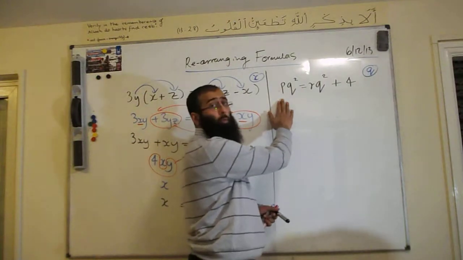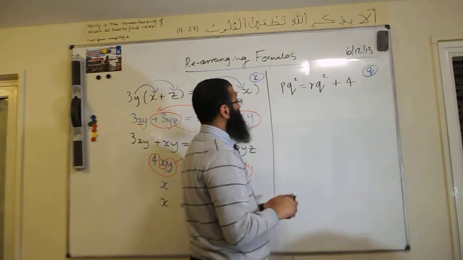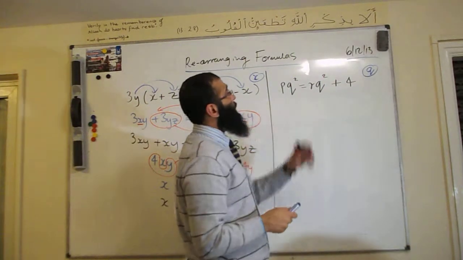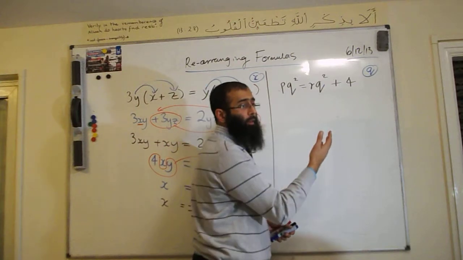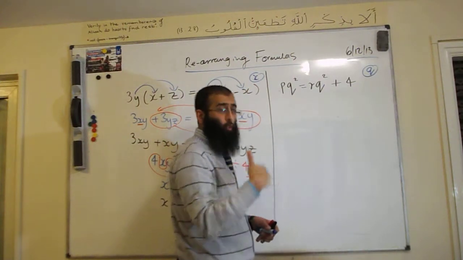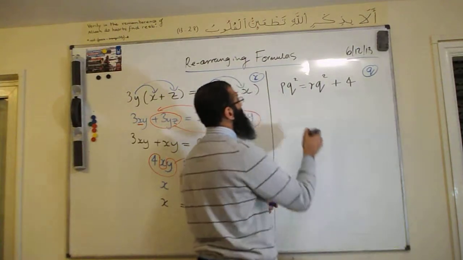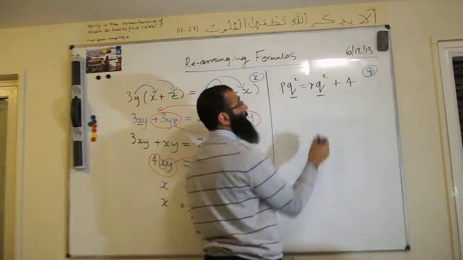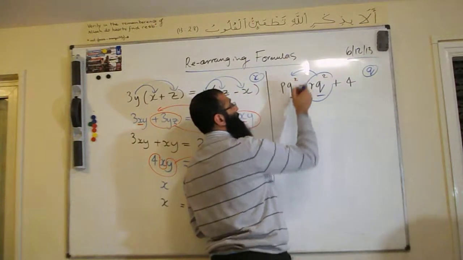We have pq squared equals rq squared plus 4. Now we've got to make q the subject. At the moment we've got pq squared. Let's get the q squared terms together at least in the first instance. We have a q squared here and a q squared there. Let's move this item from this side towards that one.